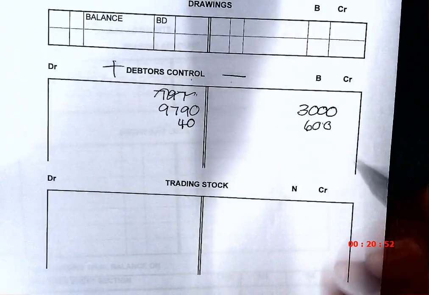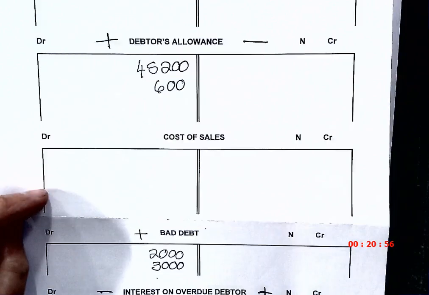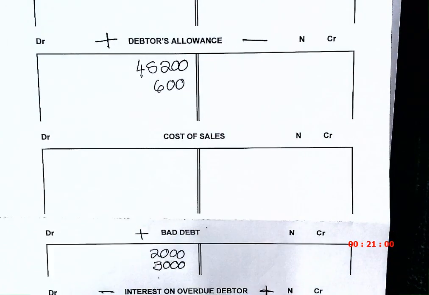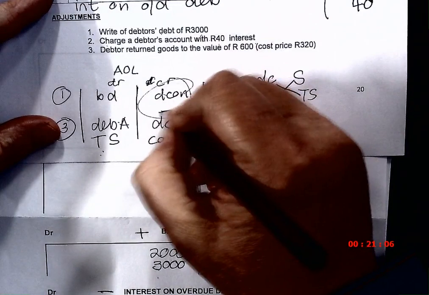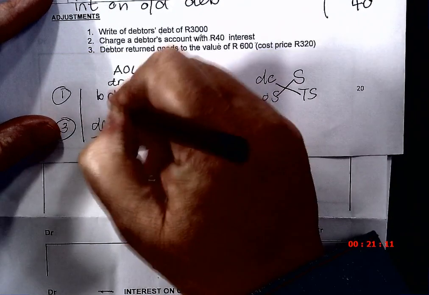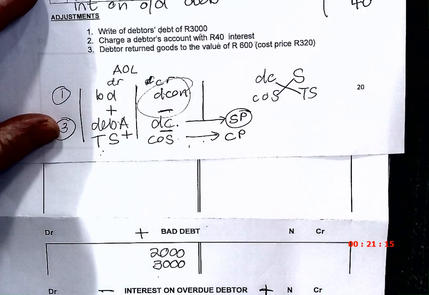The debtors was credited. Debtor's allowance is going to be debited because this expense is now becoming more. Does that make sense? Okay? If I look at this, my debtor's control will minus. My cost of sales will minus. My debtor's allowance and my trading stock will plus.